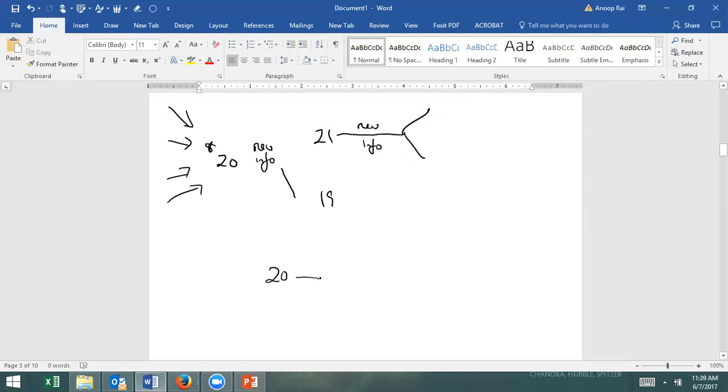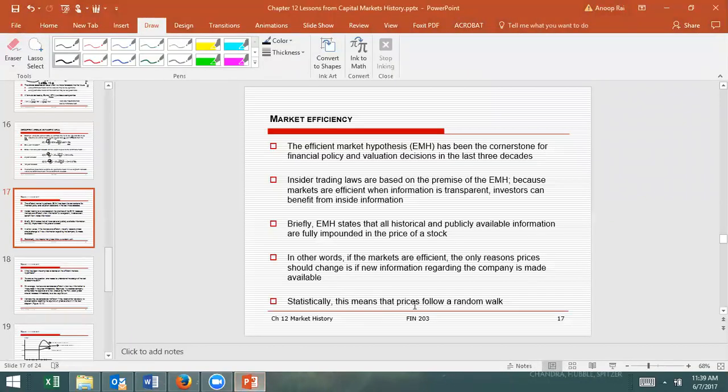We don't know what it will do at this point. And if there is no drift, the future value is really going to be $20, because if information is truly random, there'll be pluses and minuses, and it'll end up being $20. So statistically, this means that the prices will follow a random walk.